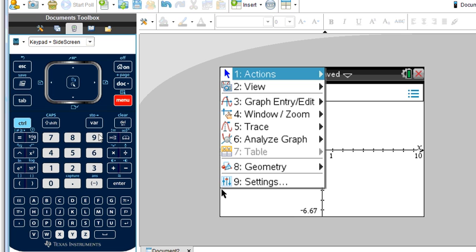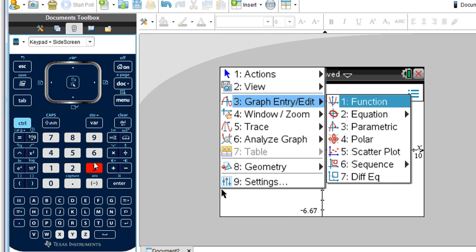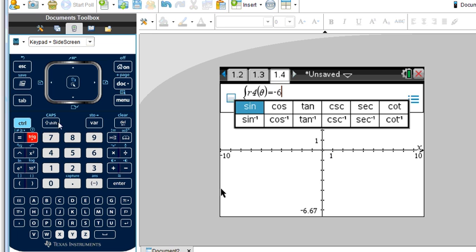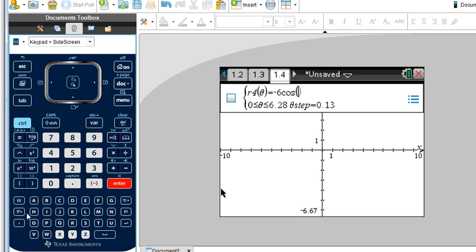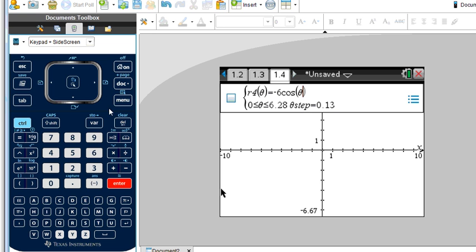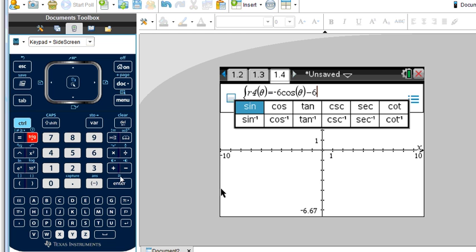So we go to menu, graph trace, polar. We're going to have -6 cosine theta minus 6 sine theta.